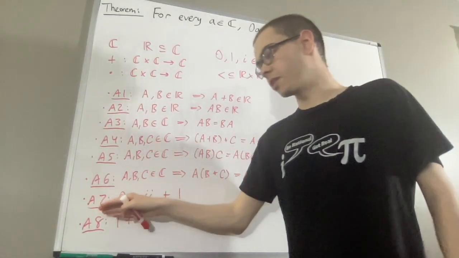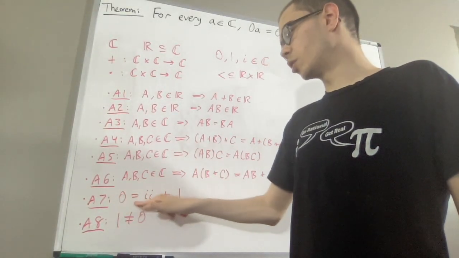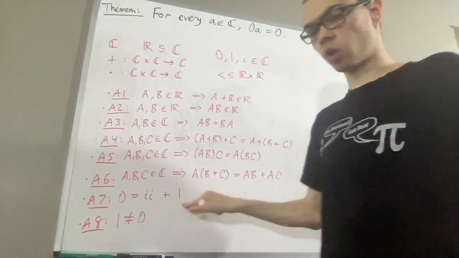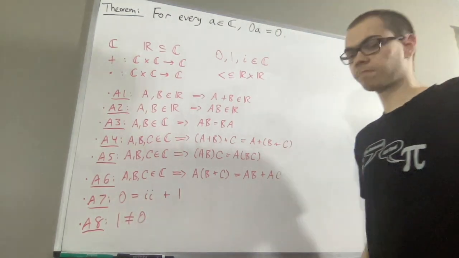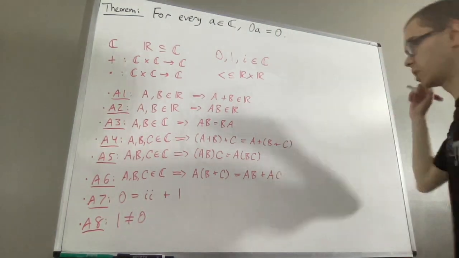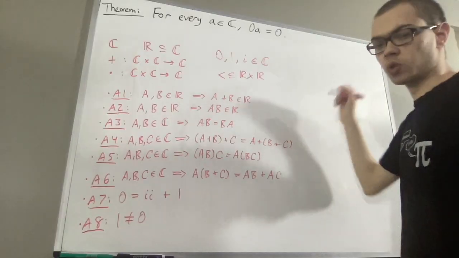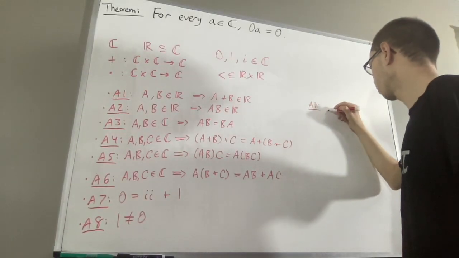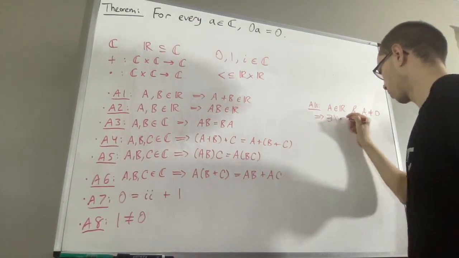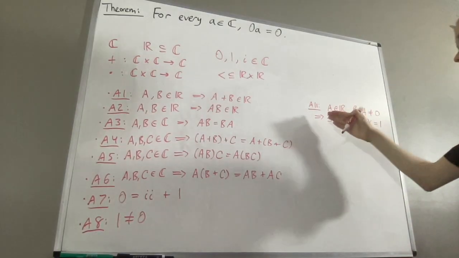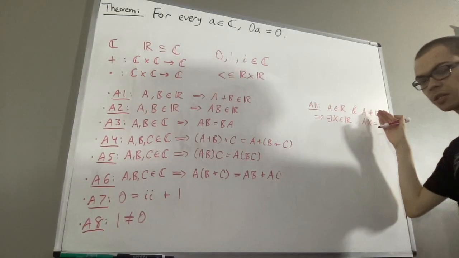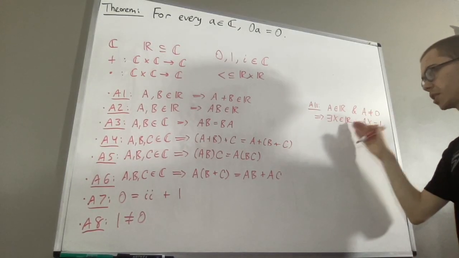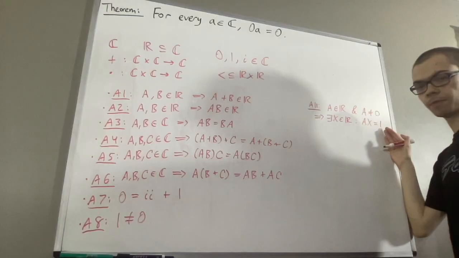Now axiom 7 tells us that 0 is equal to i times i plus 1. Axiom 8 tells us 1 is not equal to 0. Right, we're also going to be using axioms 11 and 12. Axiom 11 tells us, for any non-zero real number a, there exists a real number x such that a times x is equal to 1.